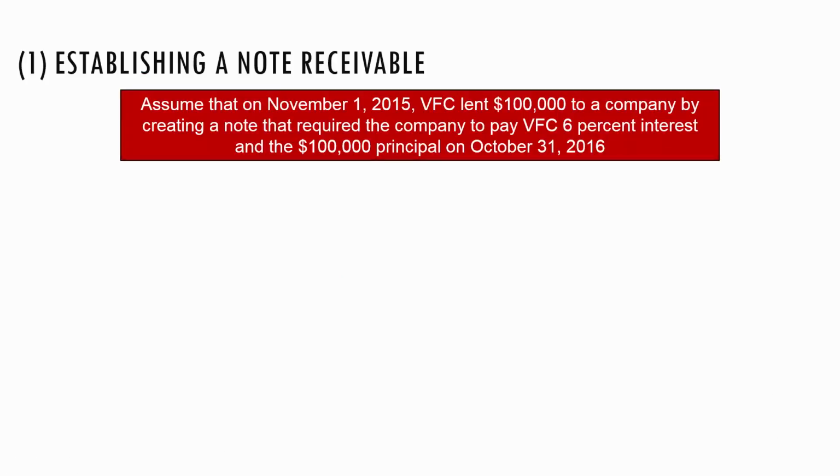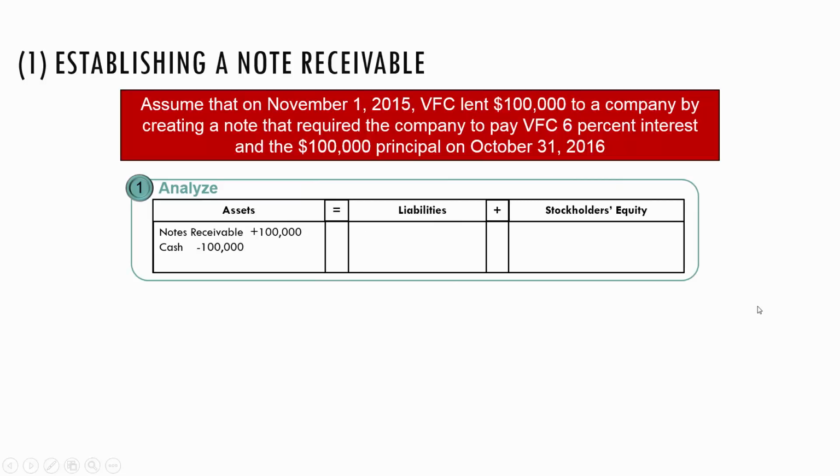So on November 1st, we have VHC lending, which is our company, lending $100,000 to a company, and it's going to be at 6% and $100,000 principal. Now, this transaction, what we're doing is we are giving them cash. I would think it's easier if instead of thinking about giving them cash, we record a sale.